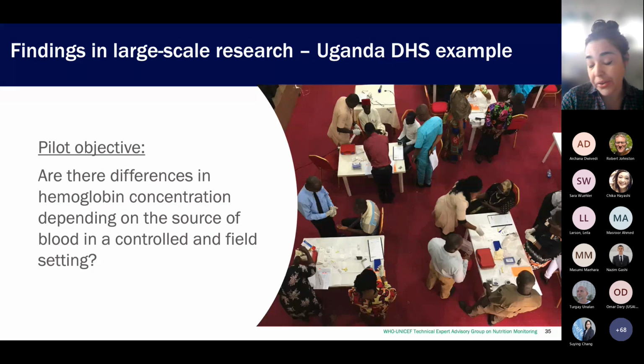In a few cases, another type of device was used. For reasons noted by previous presenters, DHS recently conducted a pilot to test differences in hemoglobin concentration depending on the source of blood. These and other results will be used to inform the DHS program's data collection procedures and improve data interpretation.